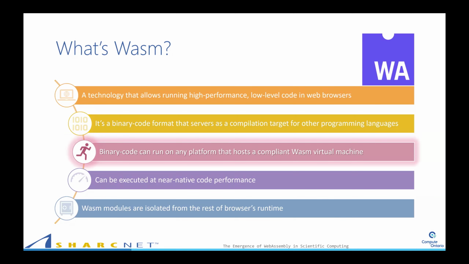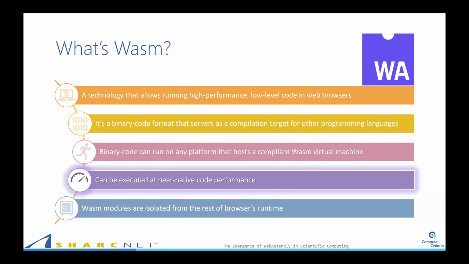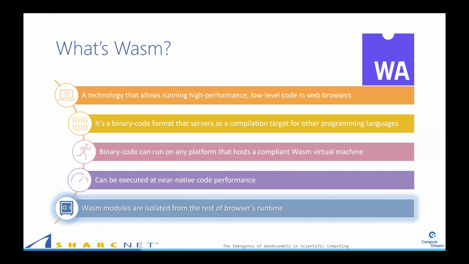And this binary code can run on any platform that has a compliant Wasm virtual machine and can be run at near native code performance, which is important for us in scientific computing. Wasm modules are isolated from the rest of the browser runtime, reducing the risk of malicious code compromising the user's device or data.